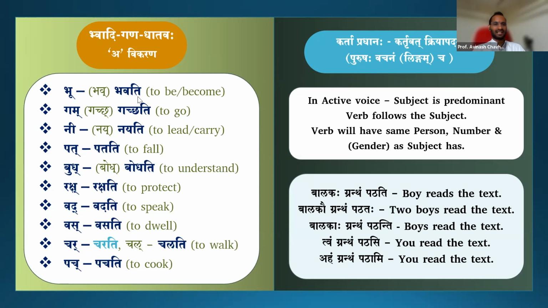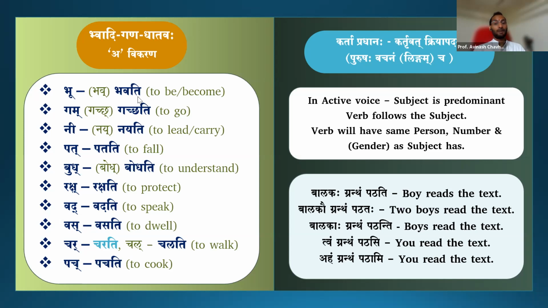Because balakau is dual, and it is third person. When using third person dual, you use the third person dual pratyaya, so balakau pathatah. Good. Balakau is in dual, prathama purusha, so the kriyapada will also be in the same purusha and same vachana.